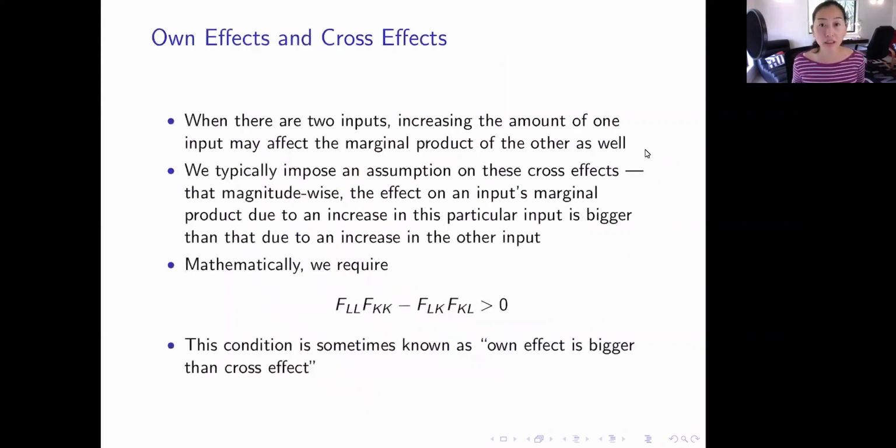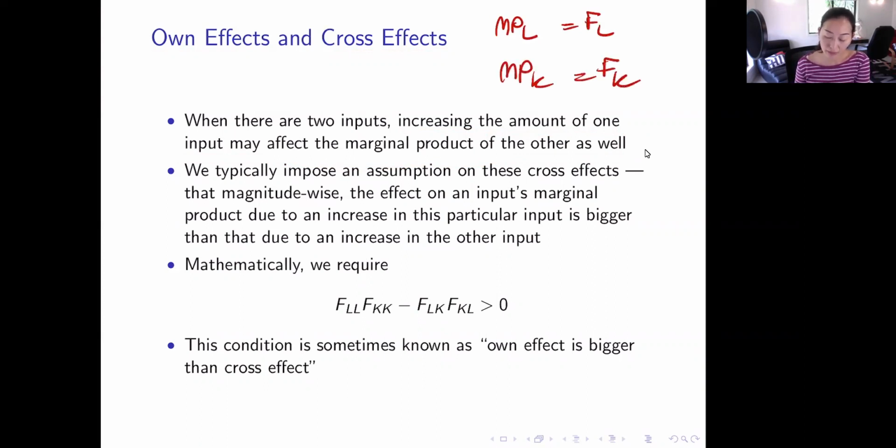Own effects and the cross effects. When there are 2 inputs, increasing the amount of one input may affect the marginal product of the other as well. So let's say we know how to compute MPL, which is FL, and MPK, which is FK.